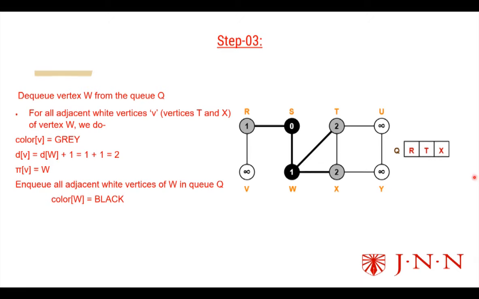Now for the vertex W, the next two adjacent vertices are identified. Then it turns from gray into black, and it becomes a parent.